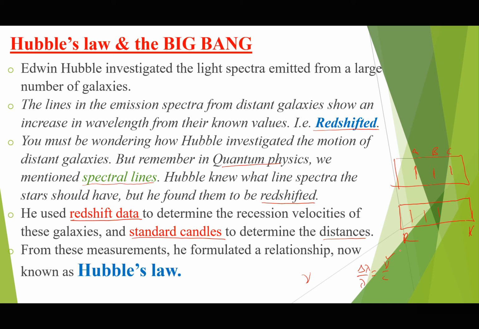So he was able to determine the recessional speed of galaxies, and using a standard candle, where F equals L over 4 pi d squared, where the luminosity is known for a standard candle, Hubble was able to determine the distance of these galaxies from us. And when he compared the value of v and d, his observations showed that v was directly proportional to d. That's what we today call Hubble's law.